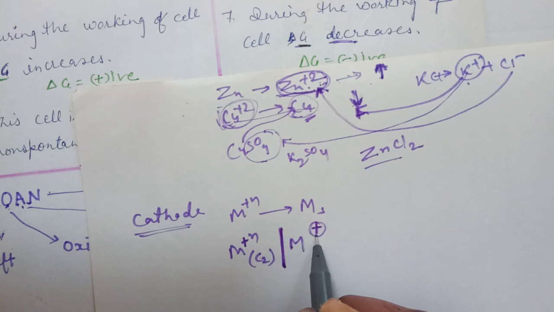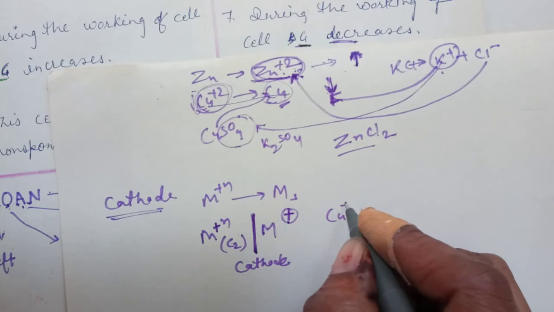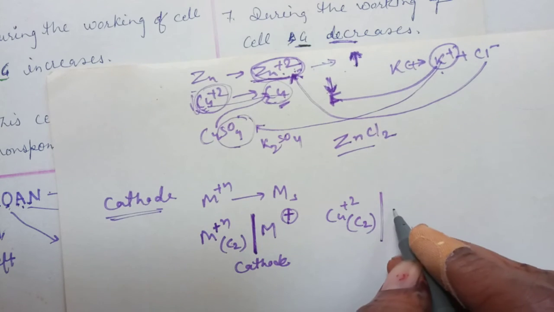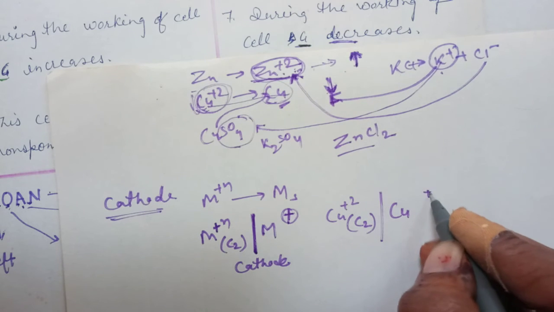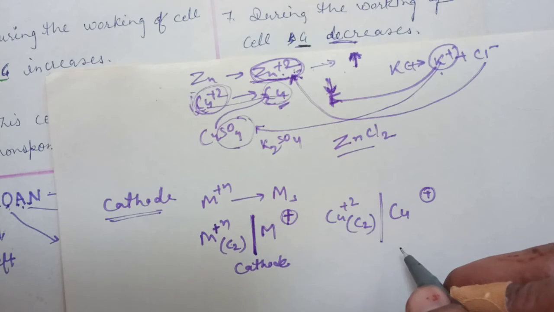It is positively charged. This is the representation of the cathode. For example, in the Daniell cell, it is Cu plus 2 ions with their concentration, vertical line, Cu, and a plus charge.